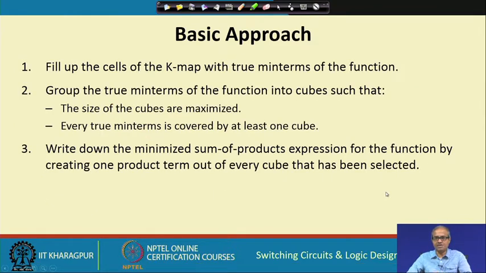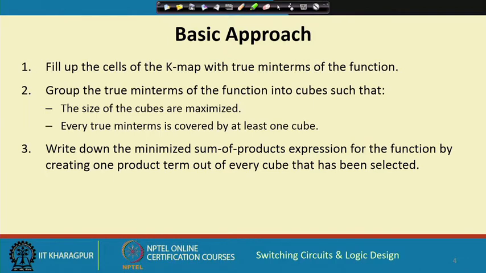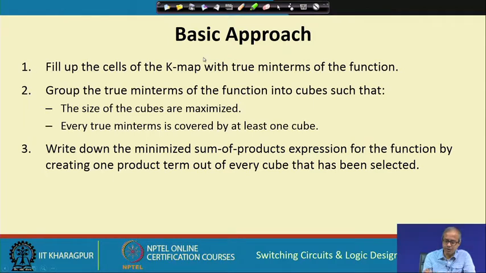Now, let us see what is the basic approach in the Karnaugh map based minimization method. As I said, a Karnaugh map is a 2-dimensional matrix of cells. We try to fill up the cells with the true minterms of the function. I shall be illustrating this with an example.